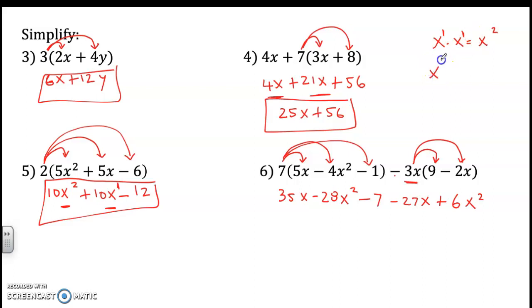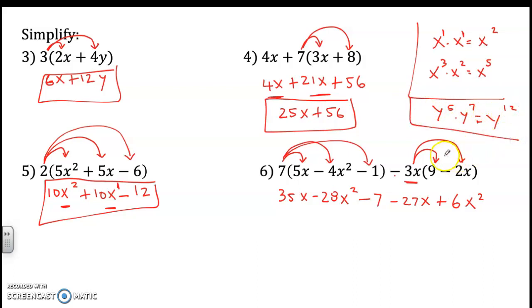Again, let's pretend that I have x cubed times x to the second power. Same variable, I keep the variable, I add the exponents. And that's how I multiply those powers. Y to the 5th times y to the 7th. Same variable, I keep the variable, and I add my exponents. Alright, a quick parenthesis right there.